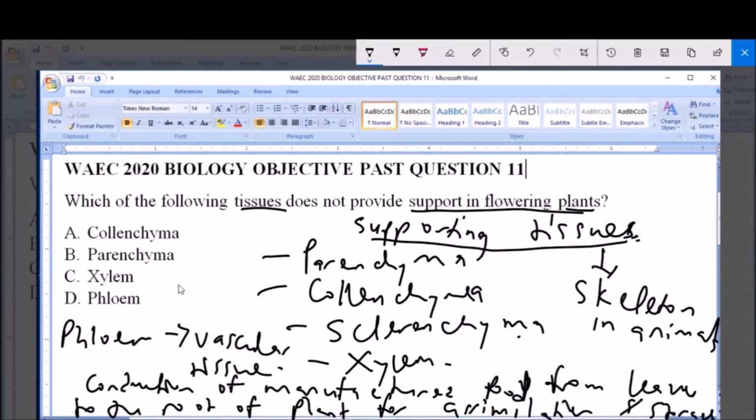So it is a conductive tissue or a vascular tissue. So as we have rightly established, option D, phloem, is not a supporting tissue.